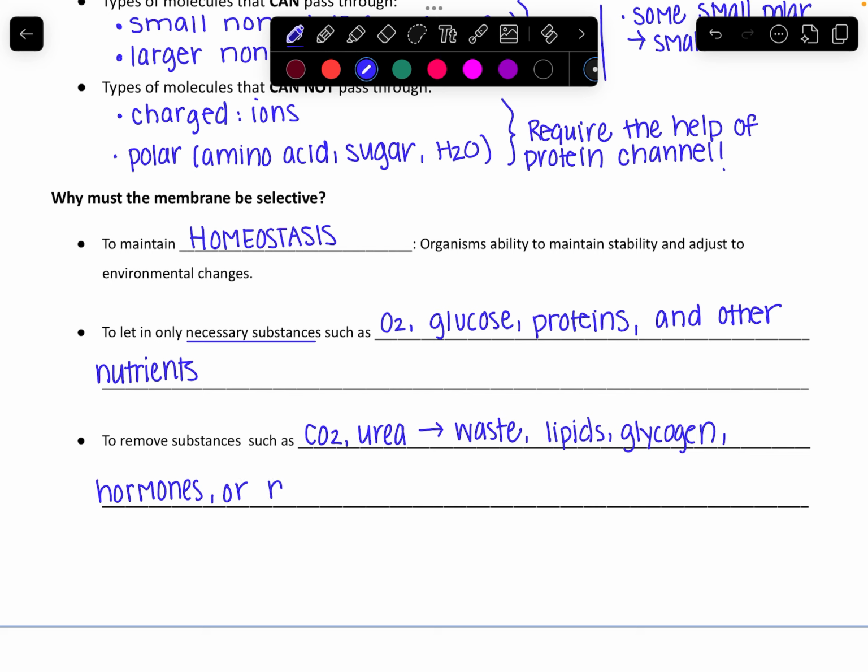Or even things like neurotransmitters, which tell your cells to communicate with your brain. All of those things we need to remove from our cell, and our cell membrane determines how much of that gets removed and when.